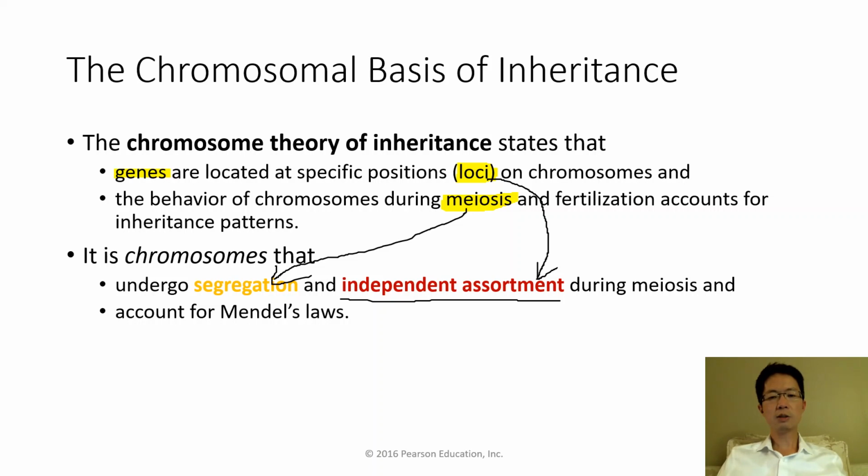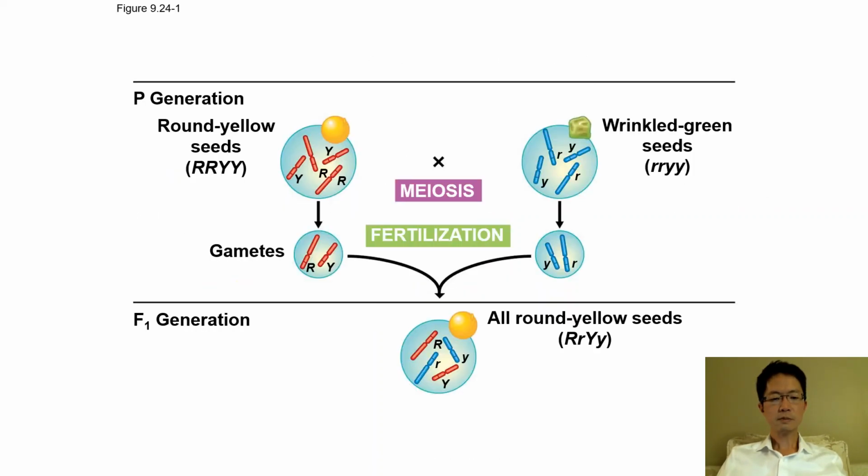I'll explain it in the next few slides. So take a look. Meiosis causes segregation of the two alleles, so some gametes will get the big Y, some gametes will get a big R.